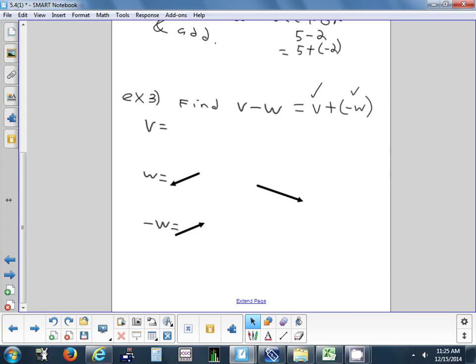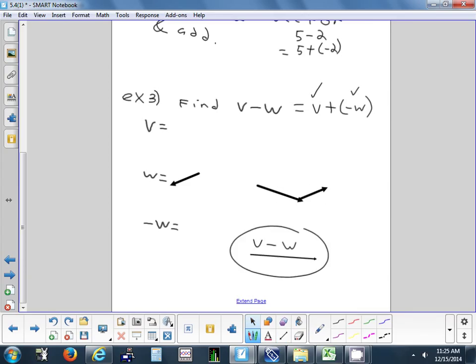So here's V, negative W, and draw your answer, if you can. Okay, that's as good as I can get mine. That's it. That's V minus W. Any question on that?